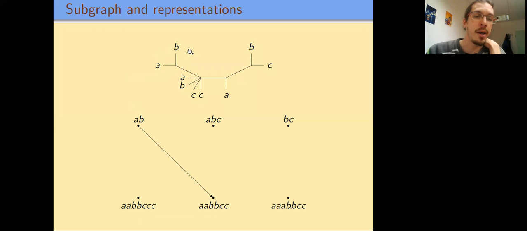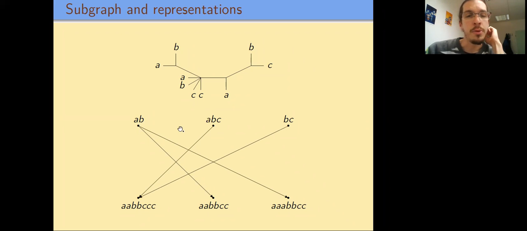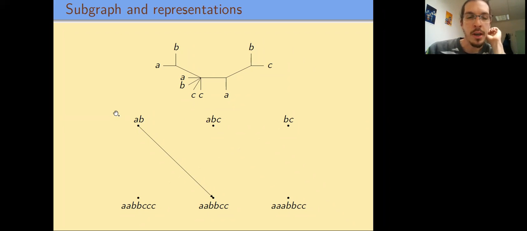So this is the part AB of the split AB versus AABBCCC. And this is the part AABBCC of the split ABC. So AB is contained in both ABC and AABBCC. The AB part of the split AB versus the rest is the AABBCC part of the second split.